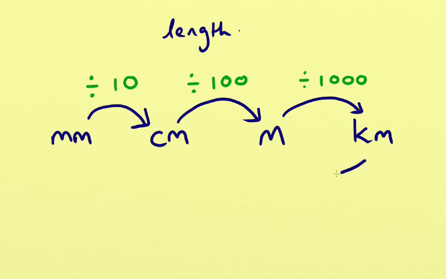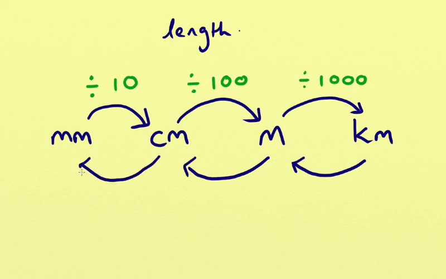Now let's draw some arrows going the other way: from kilometres to metres, from metres to centimetres, and from centimetres to millimetres. From kilometres to metres, we would times by 1000, exactly the same figure as on the top, but we're doing a times instead of a divide.